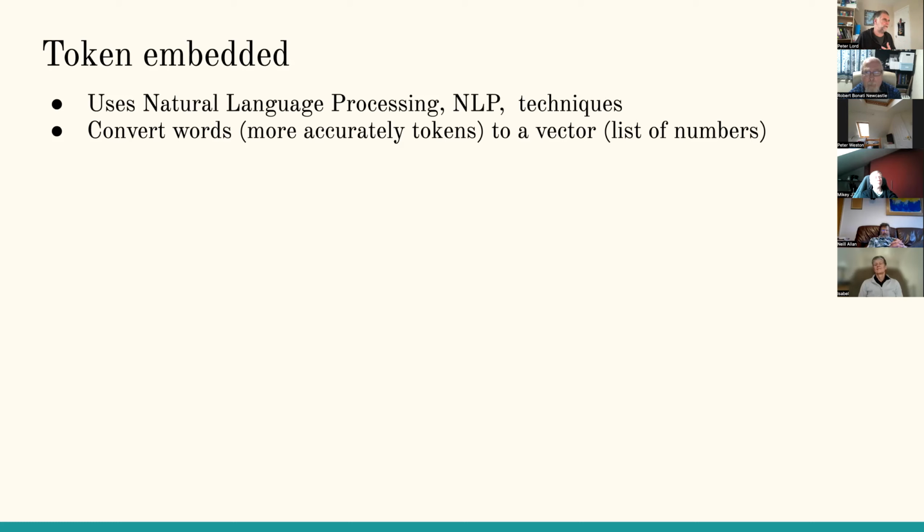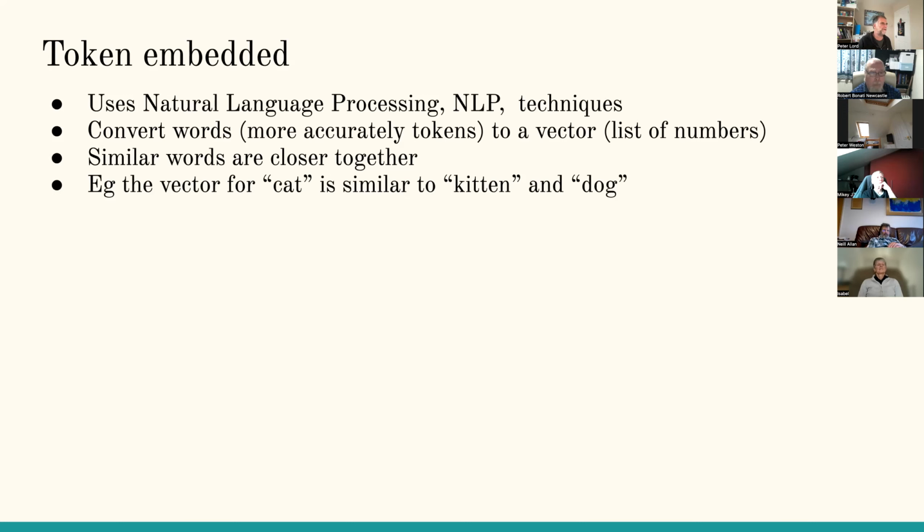A vector of numbers represents a single word, cat. Once we've converted the series of tokens that we've typed in into these vectors, further layers in the model can process them better. Similar words are closer together. In other words, similar words have similar vectors. So for example, the vector for cat is similar to kitten and dog.